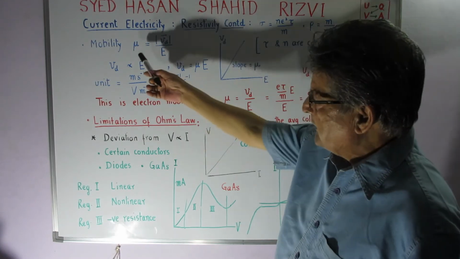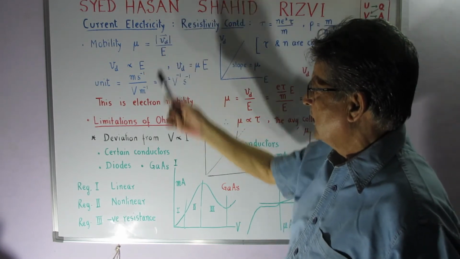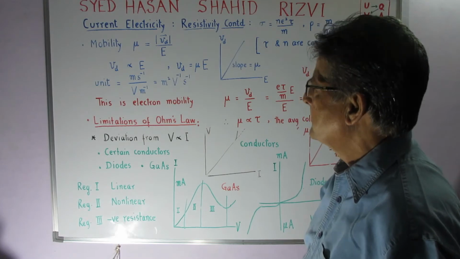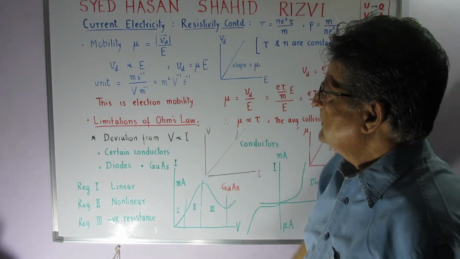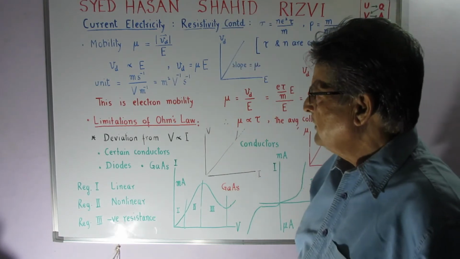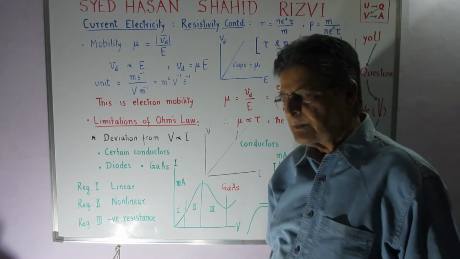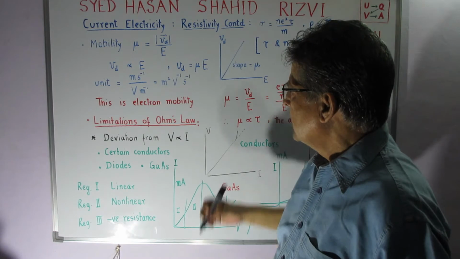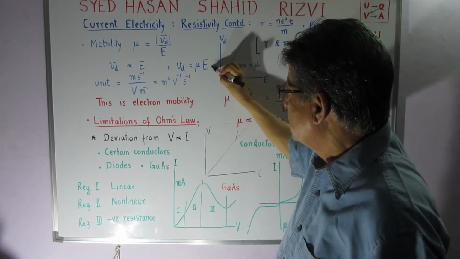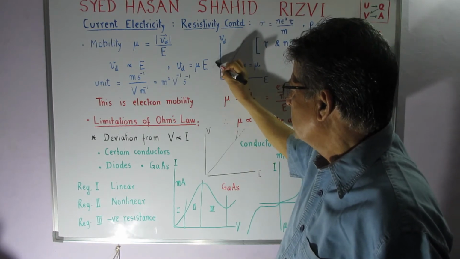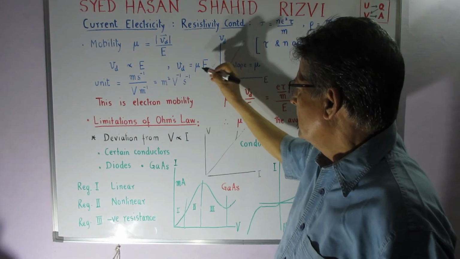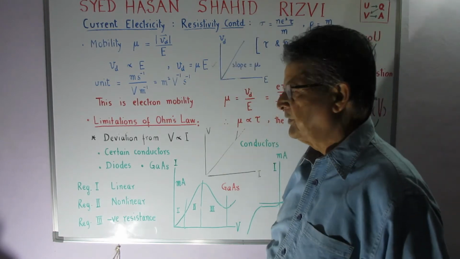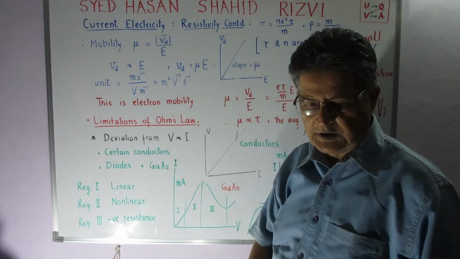The mobility is defined like this, that is Vd upon E. But in fact, by the systems approach, I will say that my Vd is proportional to E, and therefore Vd is equal to mu times E, where mu is neither a function of E nor a function of Vd.